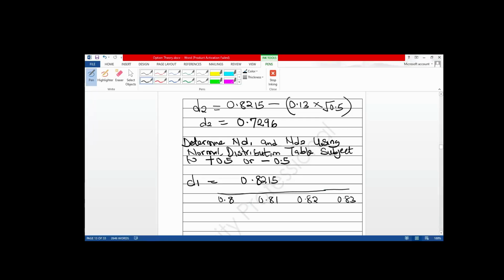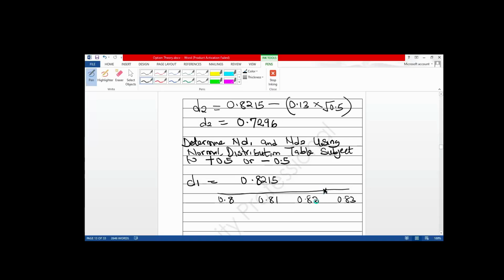Now look at this number. 0.8215 lies between 0.82 and 0.83. It is greater than 0.82, but less than 0.83. This number will stand somewhere here.